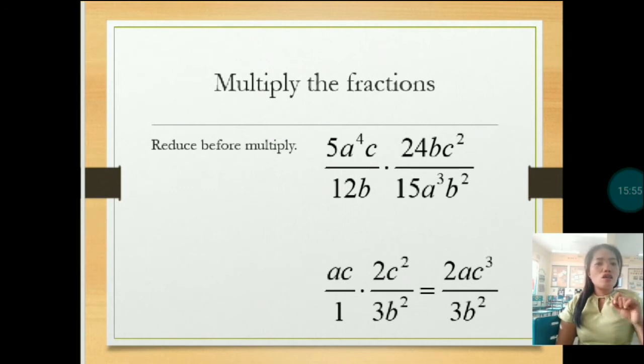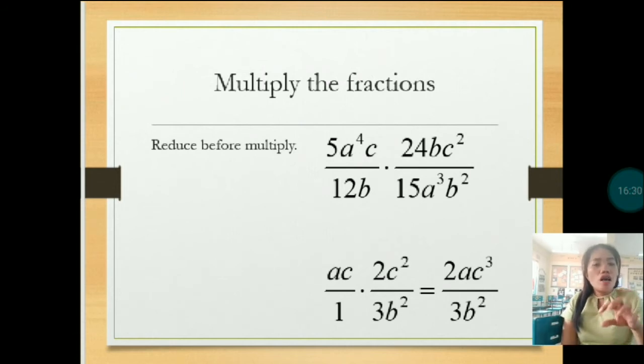And the GCF, or the greatest common factor, is 5a cubed. Then we have here 5a to the power of 4c divided by 5a cubed. That gives us ac.